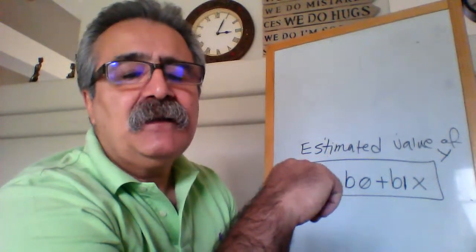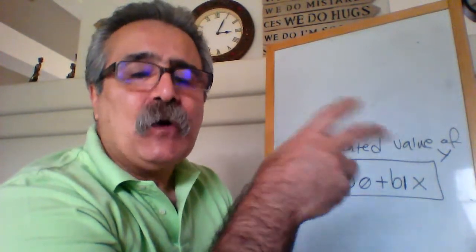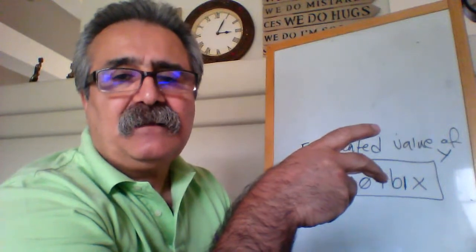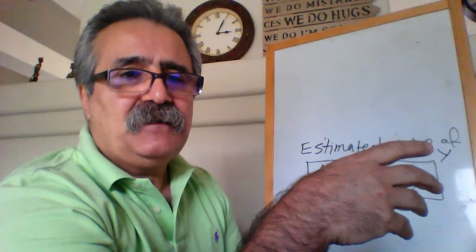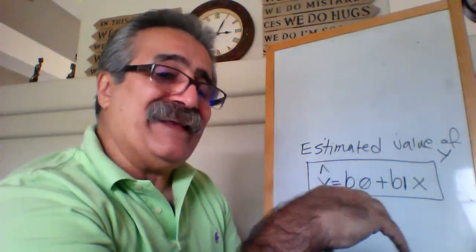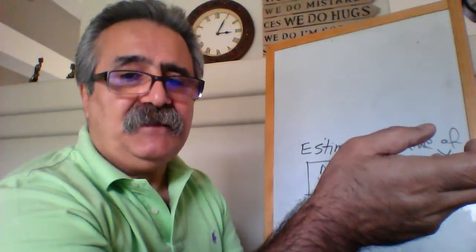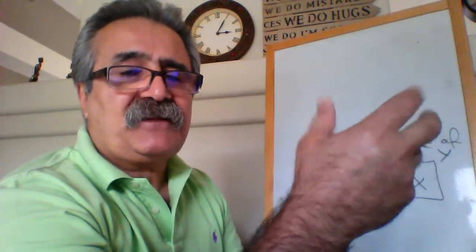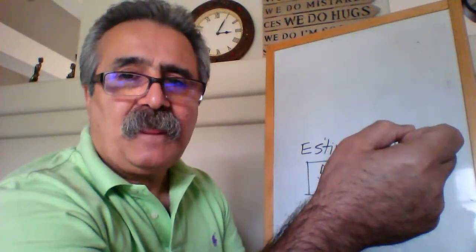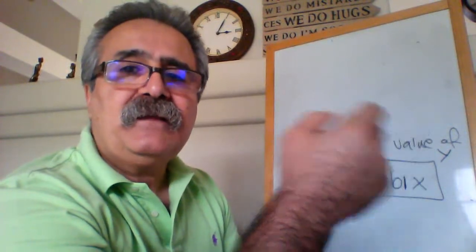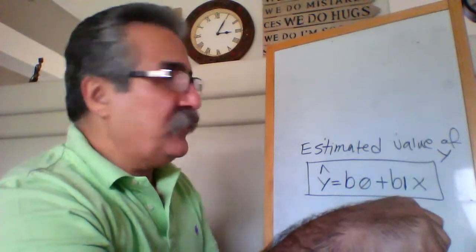The reason is the value of y is going to be calculated based on a given value of x. In other words, the value of y depends on whatever the value of x is. That's why the x variable is called independent variable, and the y variable is called dependent variable.